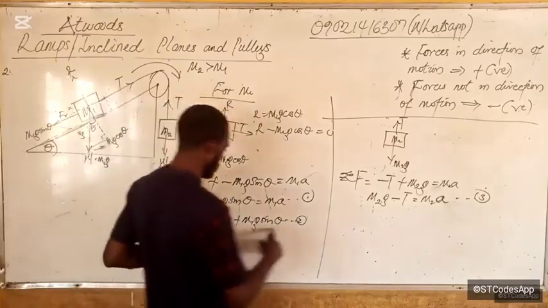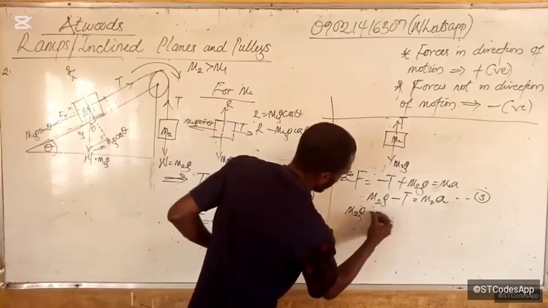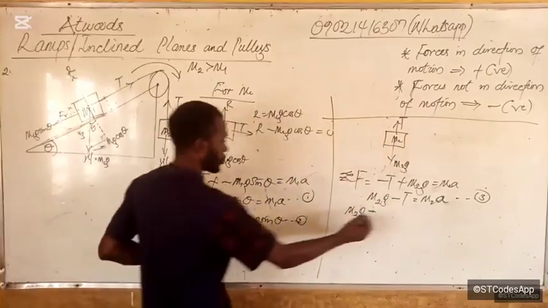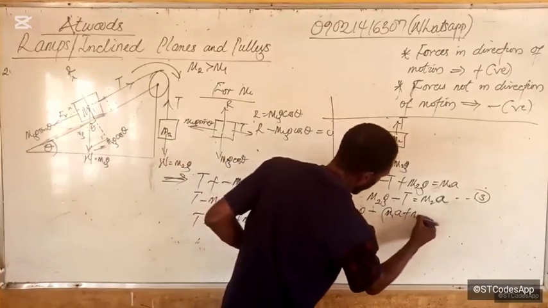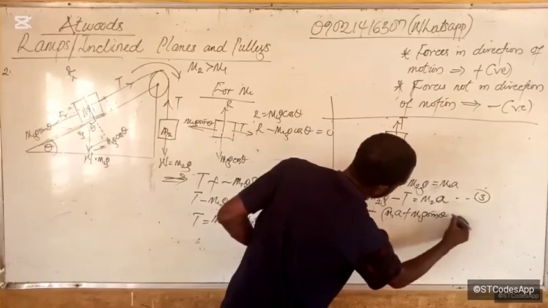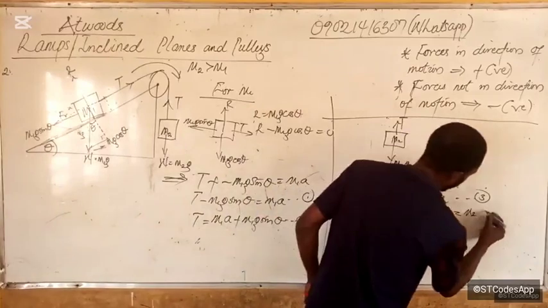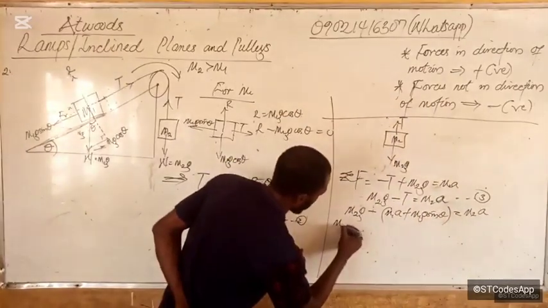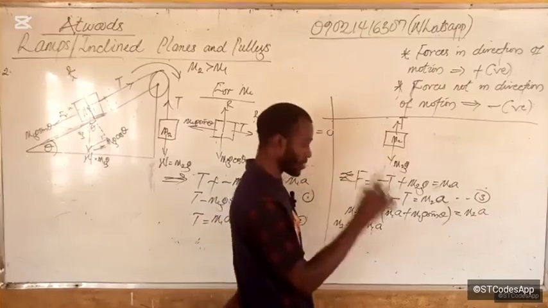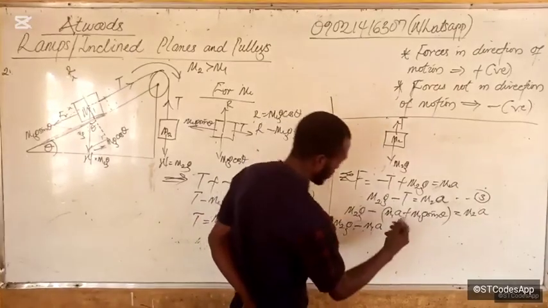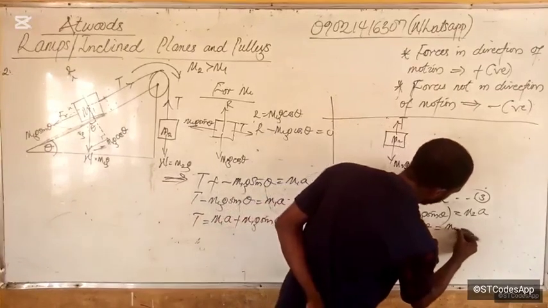So substitute this guy into it, and we'll have M2g minus, because it's an expression, also put it in brackets, M1a plus M1g sine theta, equal to M2a. So we have M2g minus M1a. Don't make the same mistake as I made the other time. Minus times plus here, minus M1g sine theta will be equal to M2a.